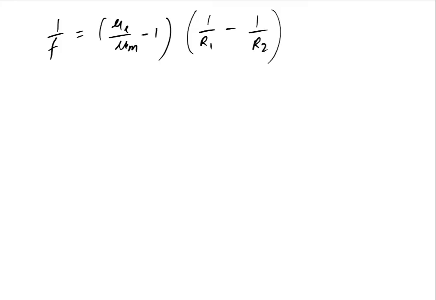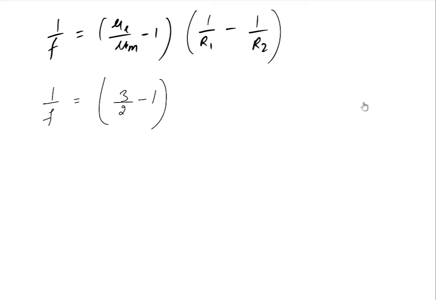We have to use lens maker's formula that says 1 by f equals to mu lens upon mu medium minus 1, times 1 upon r1 minus 1 upon r2. So if I keep this here, I'll get 1 by f equals to mu of lens, that is 3 by 2, minus 1.